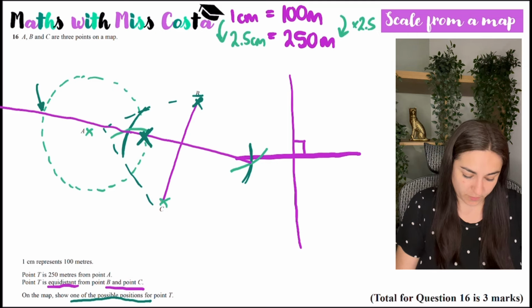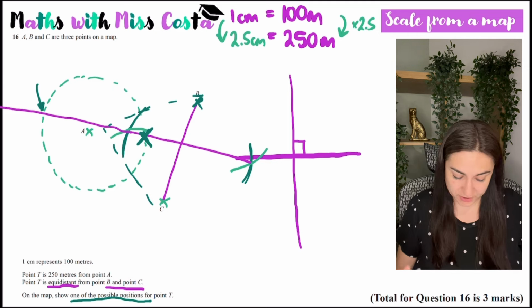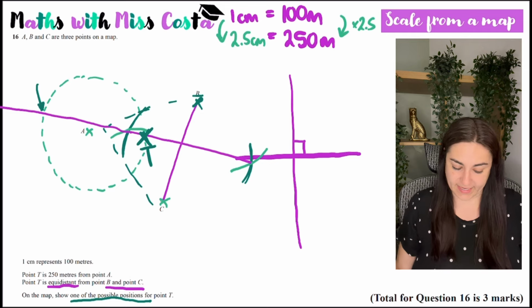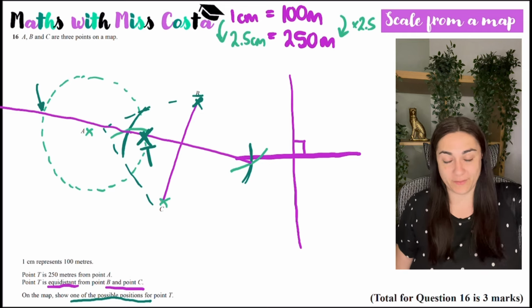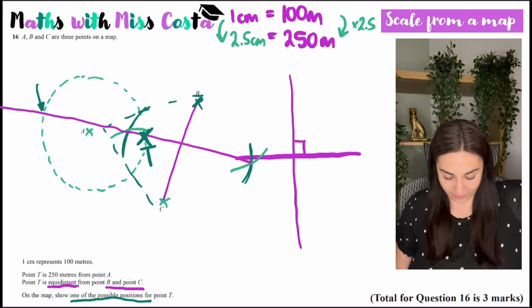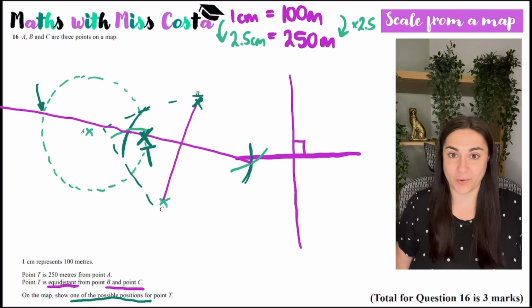The other would be over here where the line and the circle touch, but I only need to show one of the positions. So I would write that T, because the pink line shows me everywhere that is halfway between B and C, and the circle shows me everywhere that is 250 metres from point A.